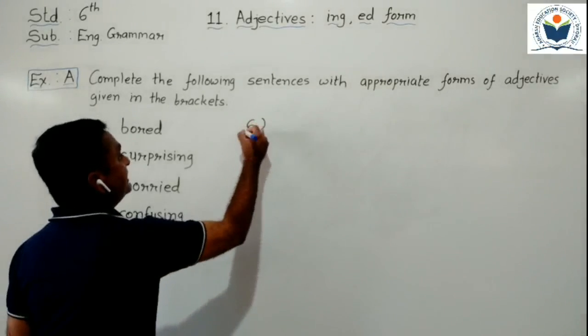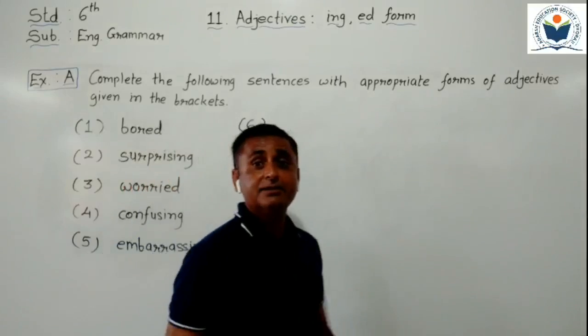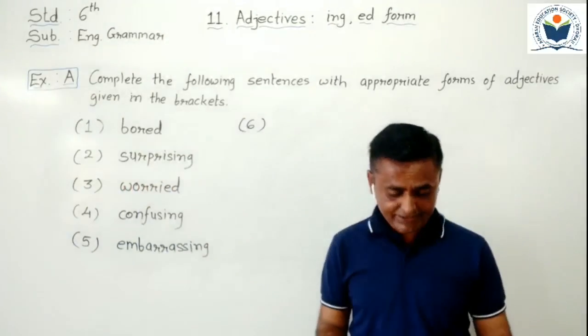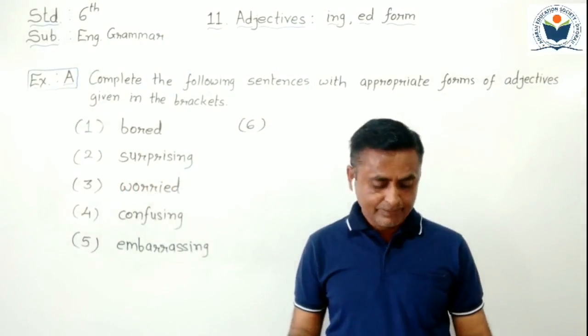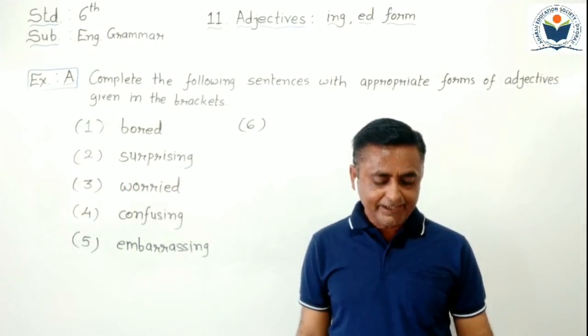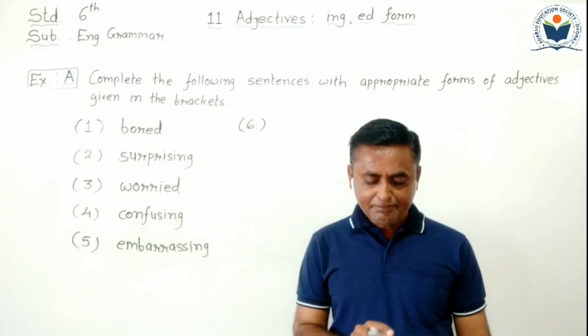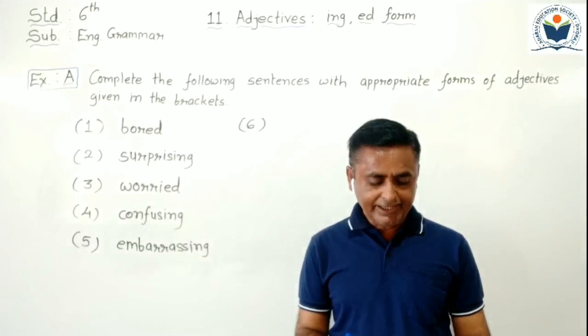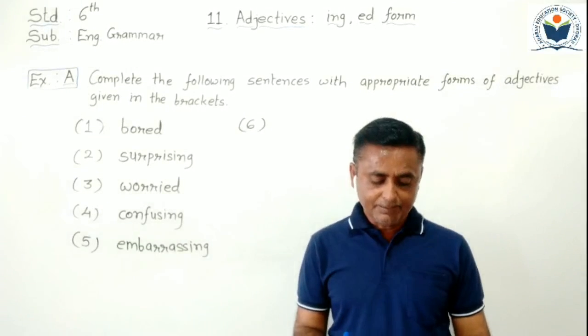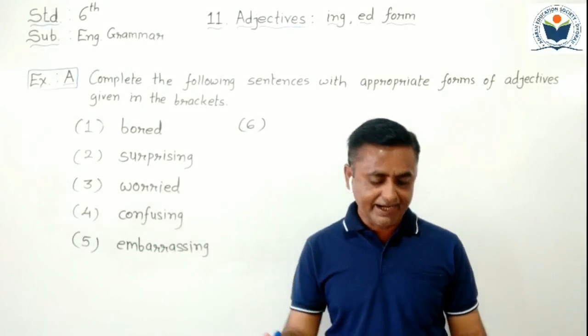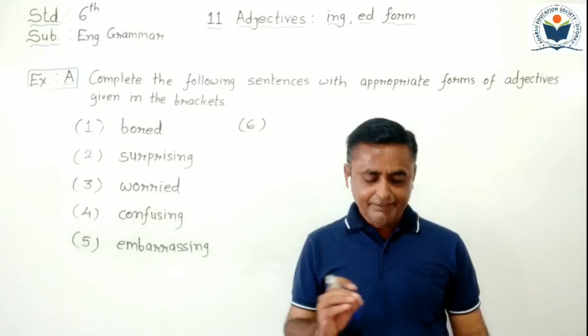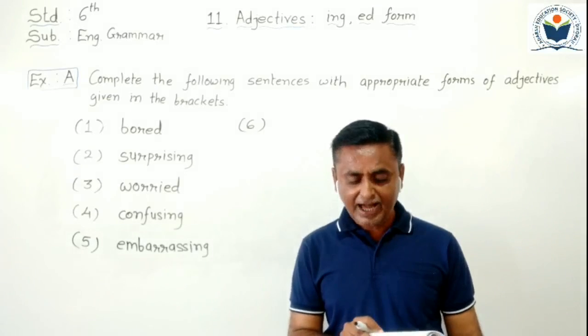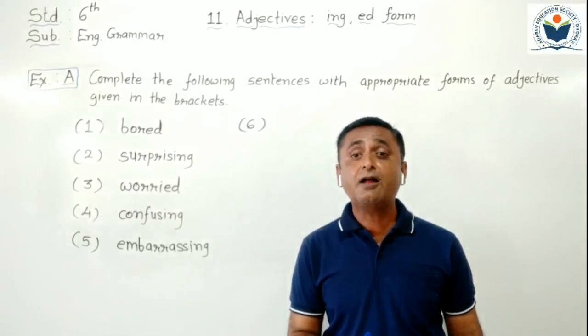Now the sixth sentence. Sentence number 6, I read from the text: the boys in the factory had a permanently blank look on their faces. Here in brackets the word starved is given, S-T-A-R-V-E-D.